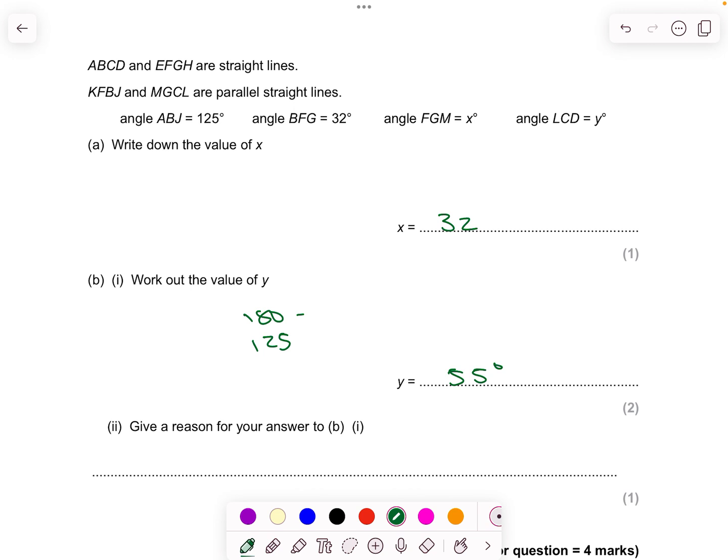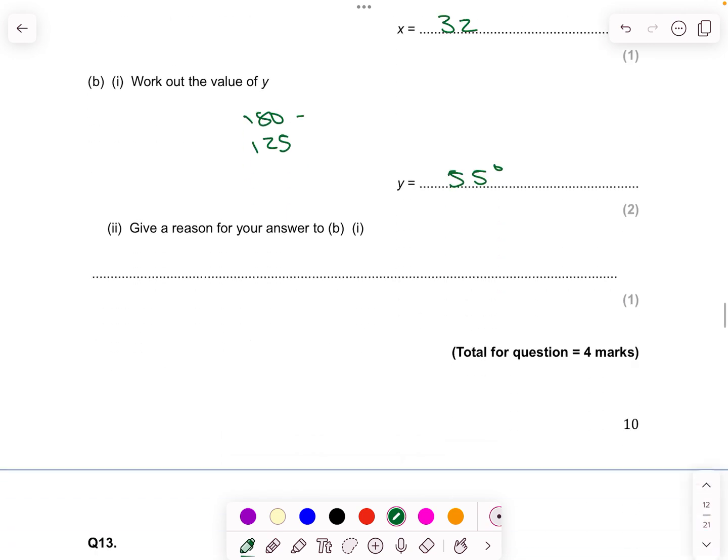Okay, and you only actually had to put one of the reasons. So for one correct reason, you didn't have to put both. So you could have put corresponding angles are equal, and that's where I got the F from.